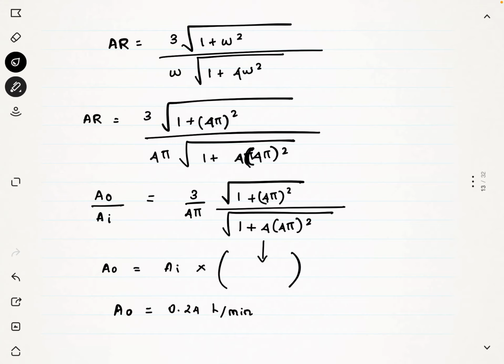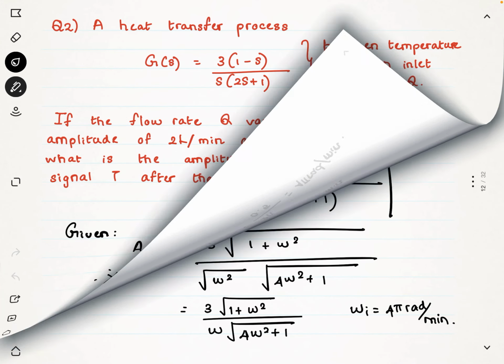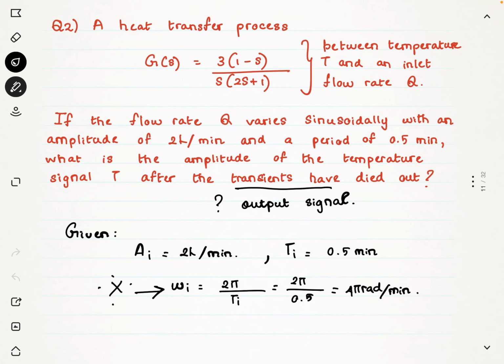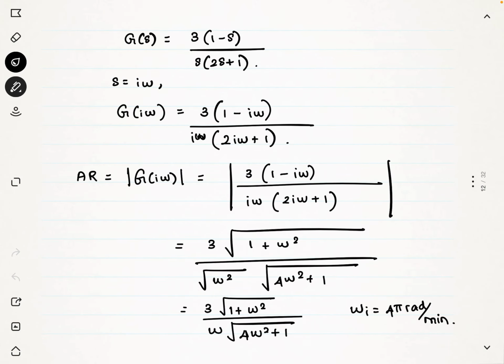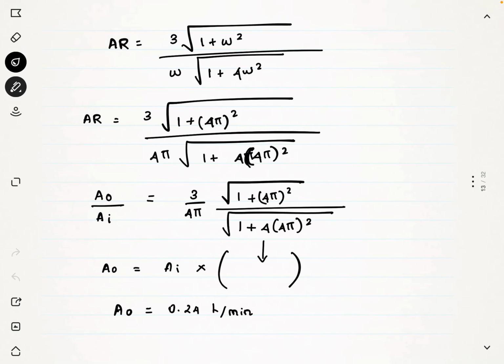Yeah, the unit is important, it should be liters per minute, because in the question the amplitude is also in liters per minute. So the output amplitude, or the amplitude of the signal after the transient has died out, both of them carry the same meaning, so this will be the final answer.